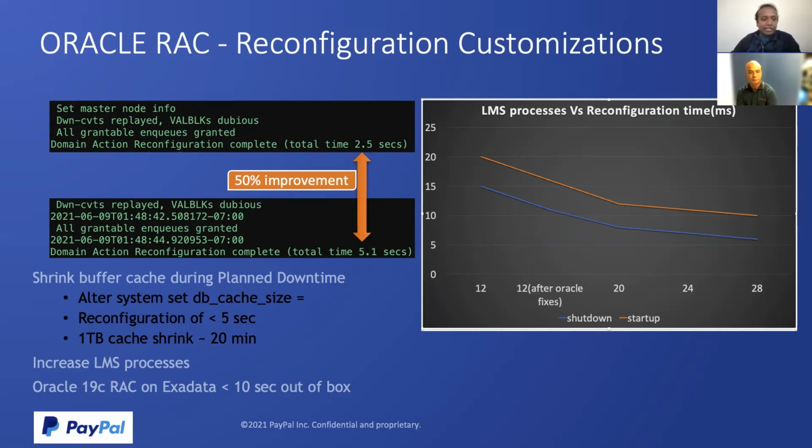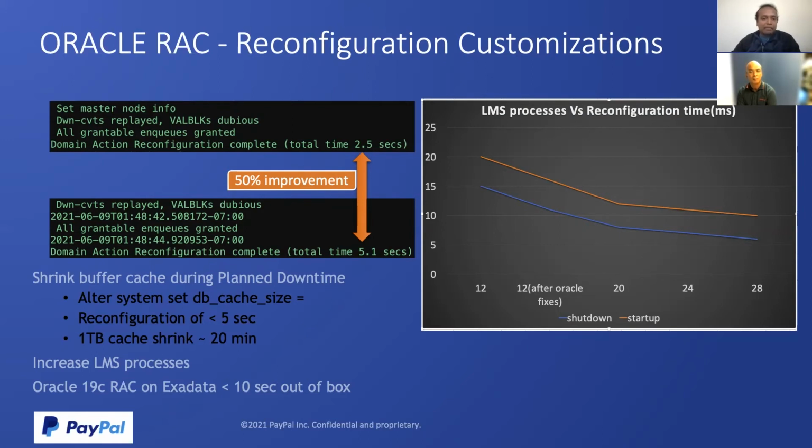Another thing we do even today is reduce the cache during our planned maintenances. Before we shut down the instance, instead of increasing the reconfiguration, we use our automated program to gradually reduce the cache after recycling the connections. That way, the number of DLM locks will be minimized, and the total reconfiguration time comes down.